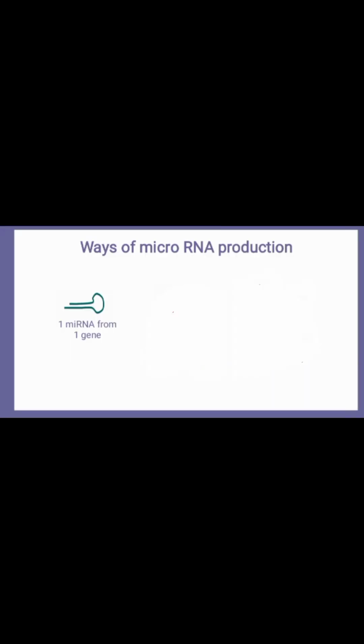So at the simplest level, there would be one microRNA from one particular microRNA gene. There could also be multiple microRNAs, or an array of microRNAs, coming out of one gene, and later on they get processed. There could also be a microRNA as part of an intron in a protein coding gene, so all these possibilities are there in a live cell.